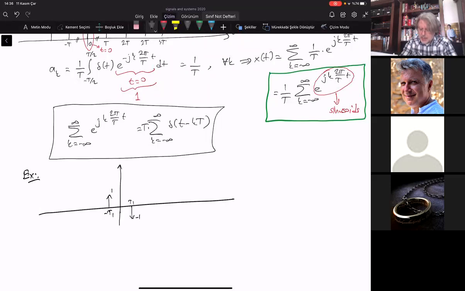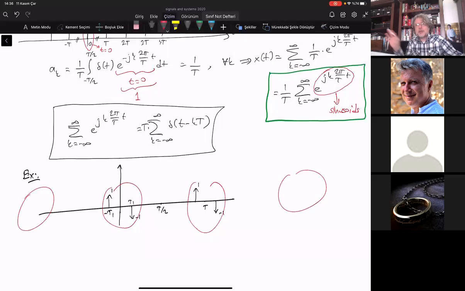These two impulses, with a period of, let's say this is capital T over 2, and this is capital T. Around capital T, we again have these two impulses of 1 and minus 1 at capital T plus T1 and at capital T minus T1. So this bunch is being repeated here, and it also appears here and there, etc. It is periodic with capital T on the time axis.